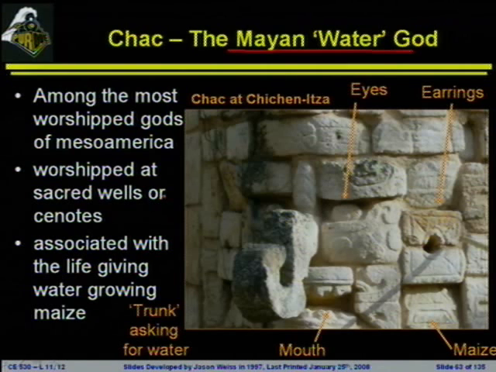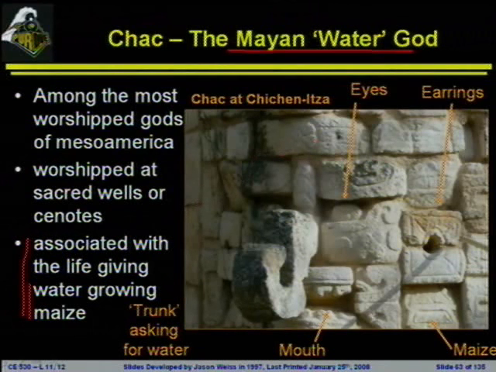It turns out that Mayan society was based around sacred wells or cenotes, which were freshwater regions. And they were very excited about water because it was associated with life, because it was going to help them with staying hydrated in the very warm parts of Mexico, Guatemala, warm regions of the country. It was also going to help them in growing maize.